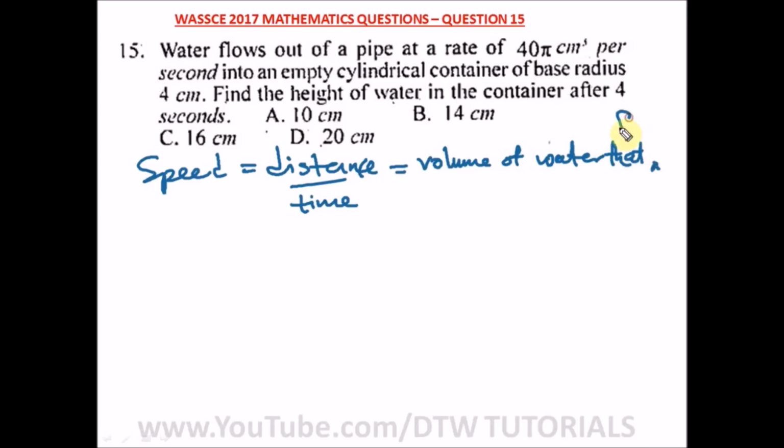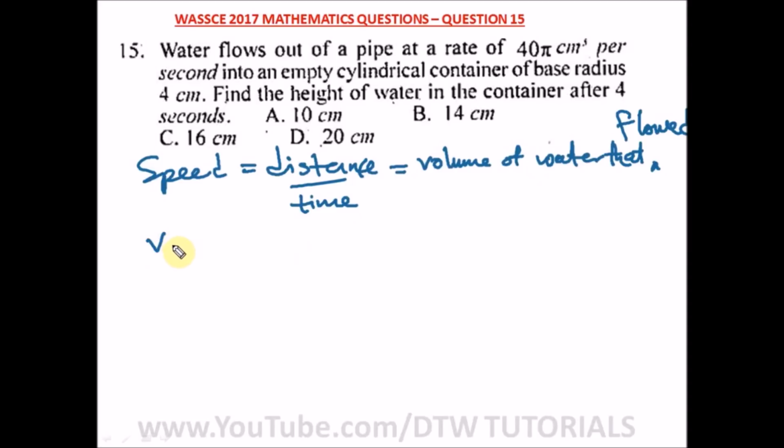Just note this, that the distance is equal to the volume of water that flowed. So to get our V, since we know our speed and we know our time, after 4 seconds, we have distance, which is the volume of the water that flowed.